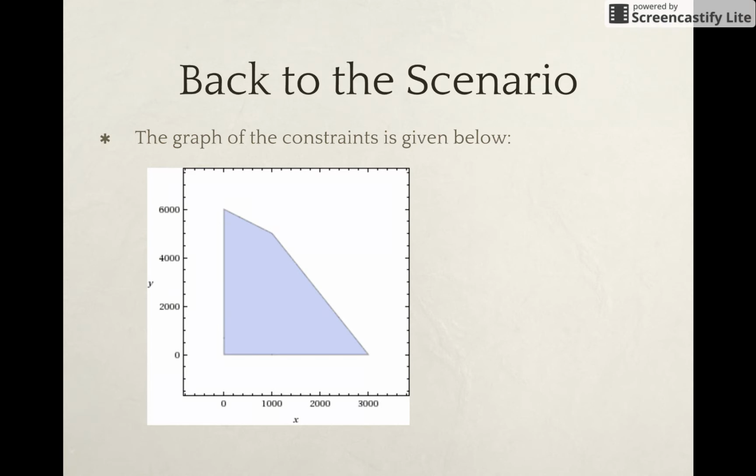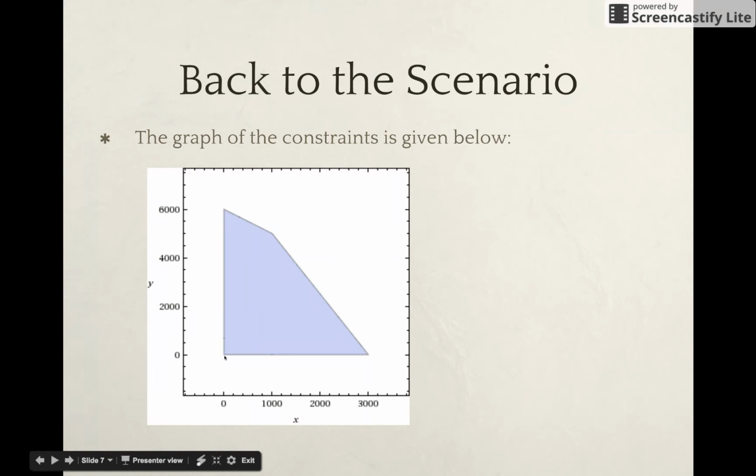So how do we find these vertices? Well, some of them can be visually identified, and in fact, we'll do that now. If I'm looking at my x-axis and y-axis here, I see that this is the ordered pair 0, 0.